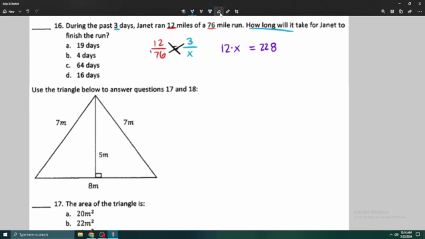Where did that 228 come from? It came from 3 times 76. So in essence, we have 12x equals 228.